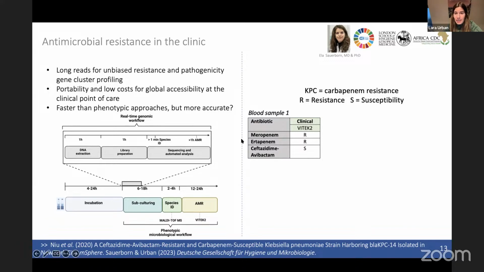So because of this, the last resort antibiotic was administered to the patient.